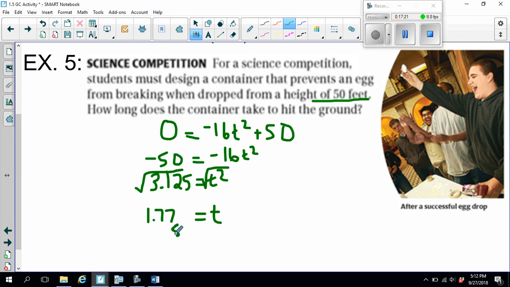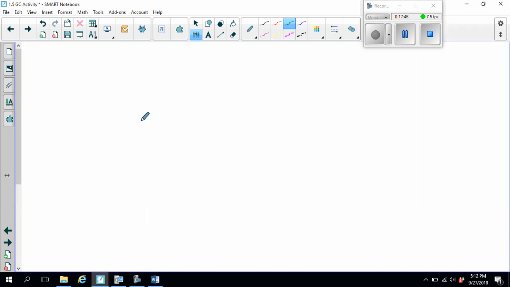Okay. So now what we're going to do is actually use the graphing calculator to see if we get the same exact answer. Now in this case, when we're showing our work, we're not going to have the 0 anymore. So in order to plug it into our graphing calculator, we have to have y equals negative 16t squared plus 50. So I'm going to show my work on the next page here.